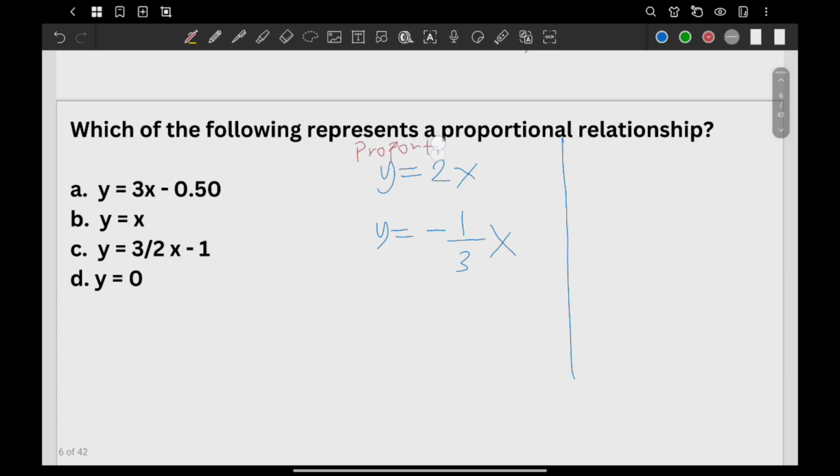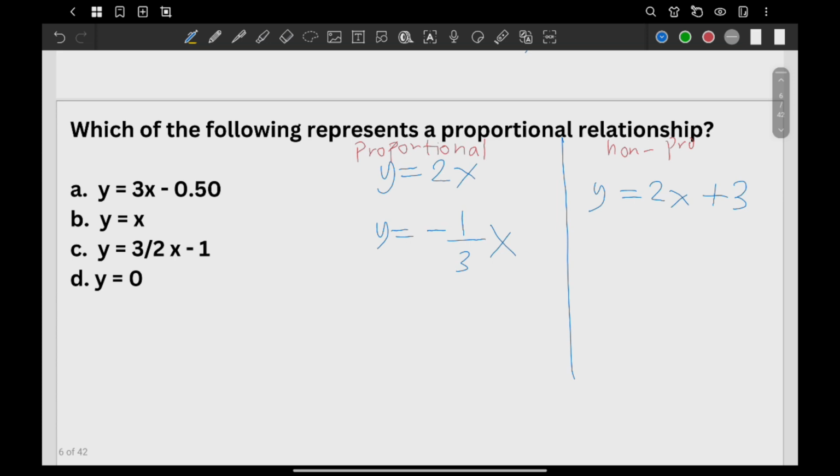Then the other one, let's do some comparison. Non-proportional. An example would be y is equal to 2x, but this time there's a +3, or +4, -5, -1.